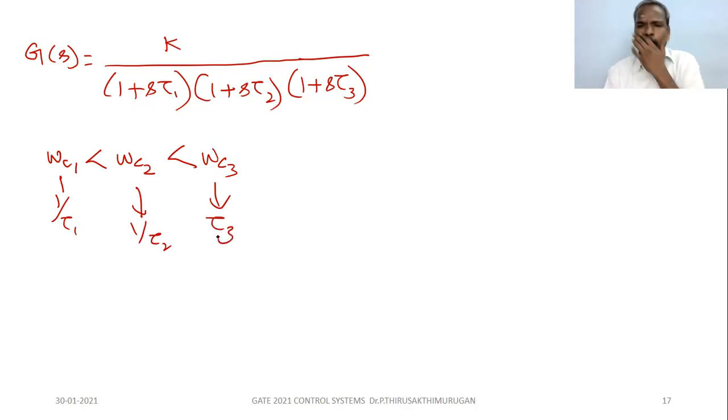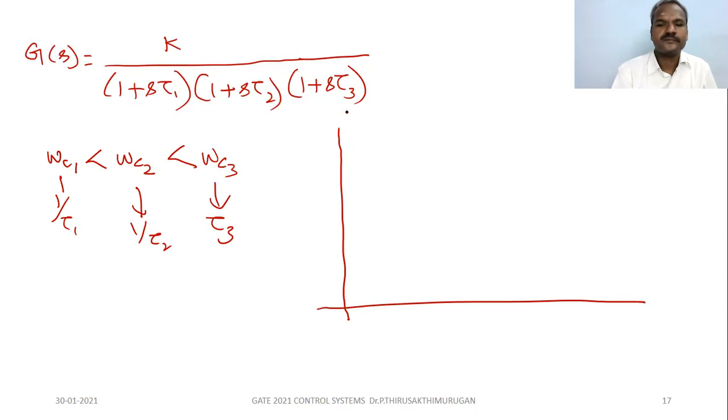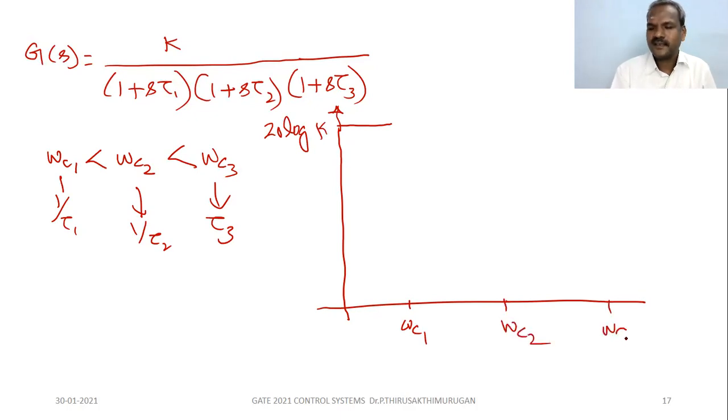Understand? So for the numerator constant factor, what is the slope? Slope change is 0, so the slope is 0 up to the first corner frequency, omega c1, and the level is 20 log k. Understand? Then the next corner frequencies are omega c2 and omega c3.